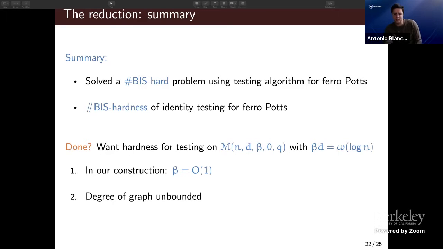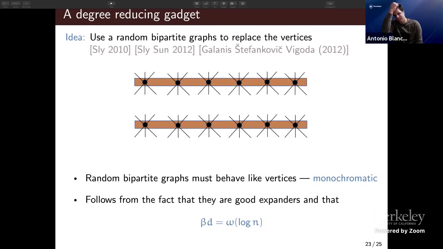But this can be fixed, and for this we use a general strategy also from results proving hardness of approximate counting for various problems. The idea is that we generate a random regular bipartite graph, and we replace every vertex in our previous construction by one of these random bipartite graphs.